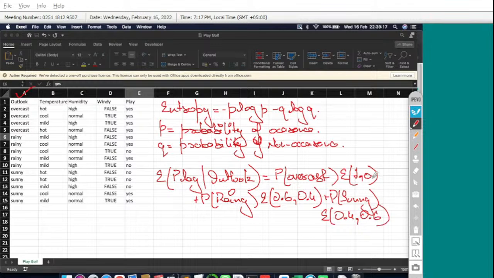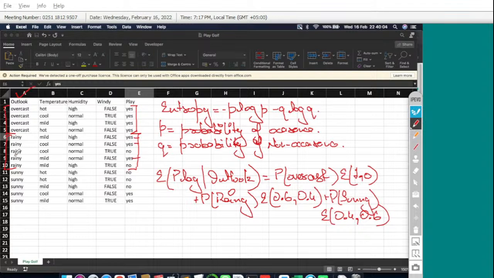Now from where this 1, 0 came? See, in overcast, probability to play is 1 and probability not to play is 0, right? Similarly, in rainy, probability to play is 3 by 5, that is 0.6, and probability not to play is 0.4 in rainy.